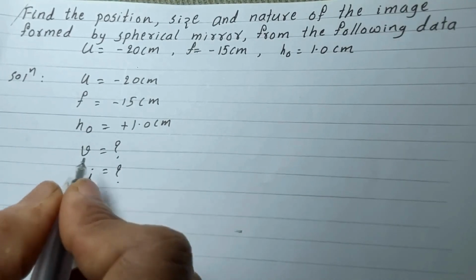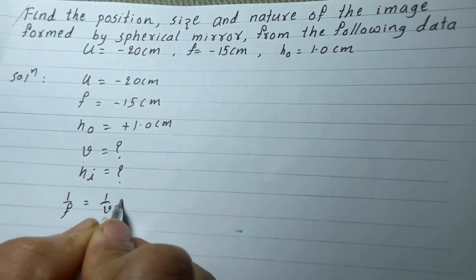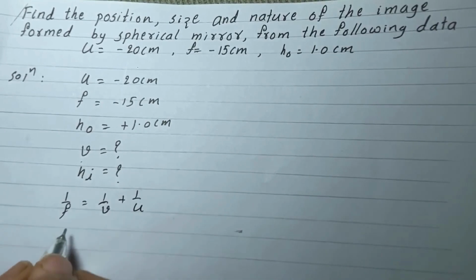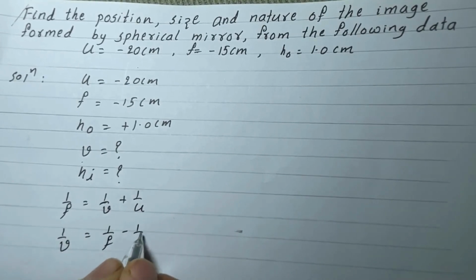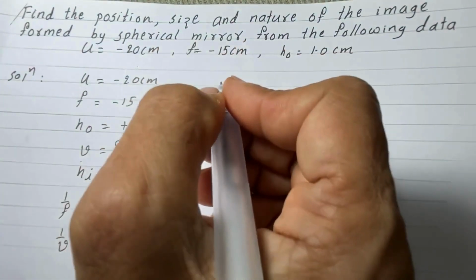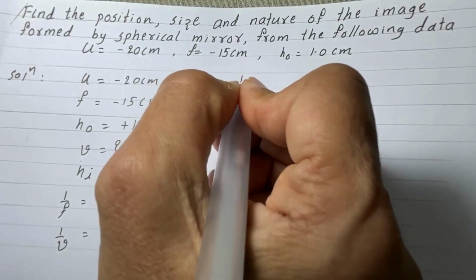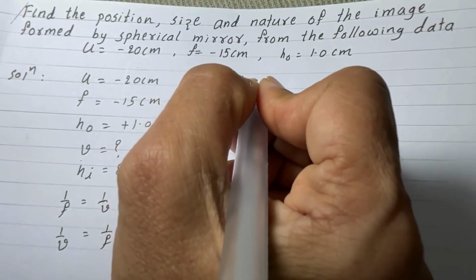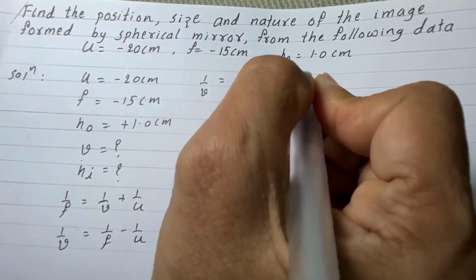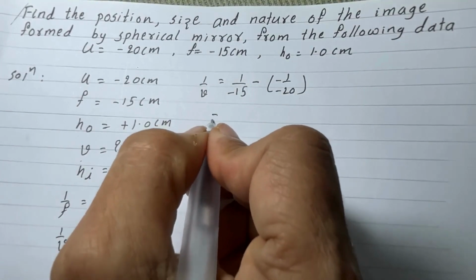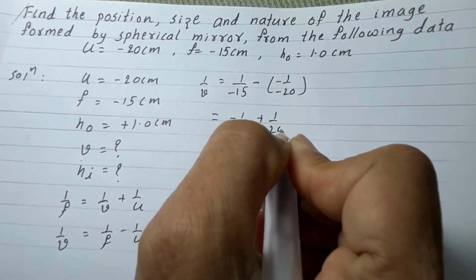To find v, we use the mirror formula, that is 1 by f is equal to 1 by v plus 1 by u. We do not know v, so 1 by v is equal to 1 by f minus 1 by u, and substitute the values. 1 by v is equal to 1 by f, which is 1 by minus 15, minus 1 by u, which is 1 by minus 20, and this is equal to minus 1 by 15 plus 1 by 20.